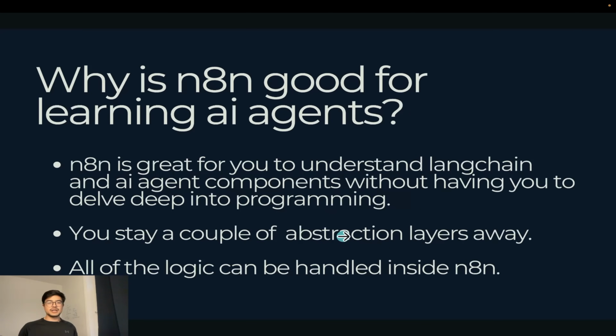Well, the good thing about N8N is that the way it's built, it has an AI agent set of modules that are going to show you how LangChain AI agent components work, which is very, very helpful. Make does not do that. Zapier does not do that, right? They're too abstract. They're too abstract for you to be able to see the components of an AI agent, right?